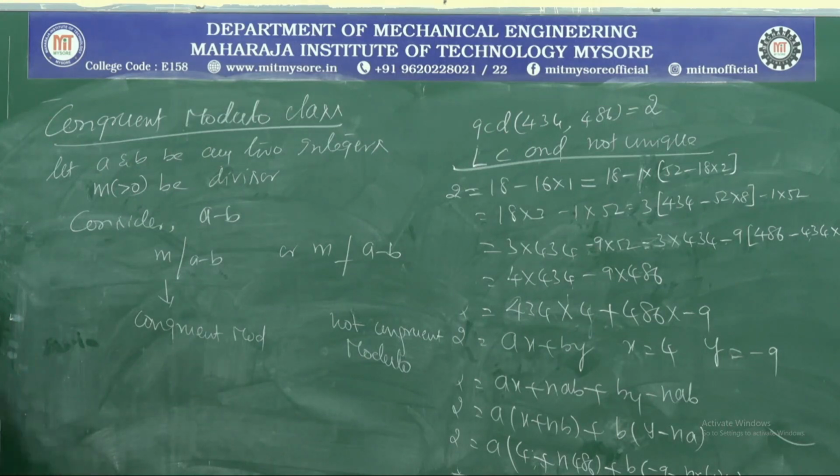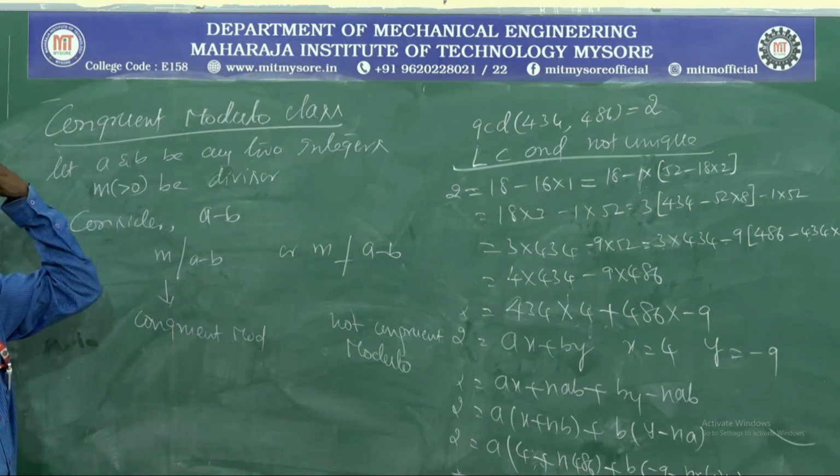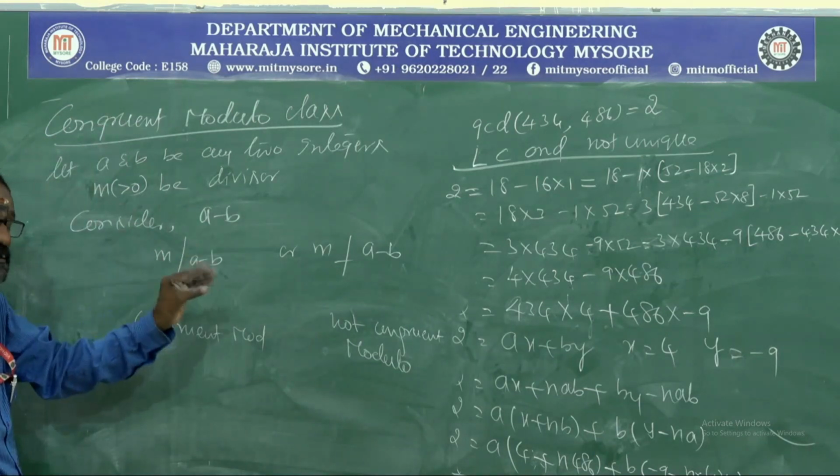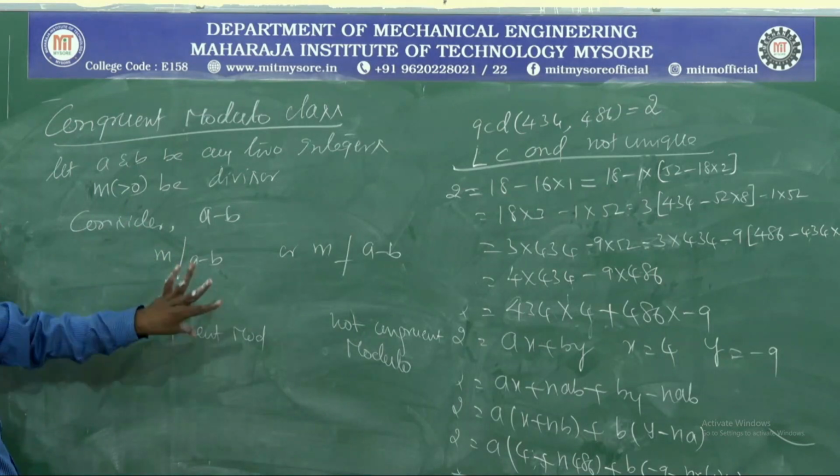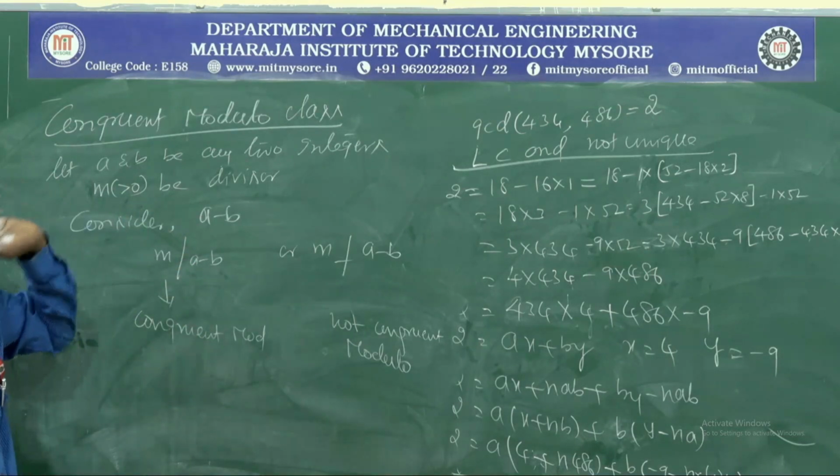Take another integer M greater than 0. Say it is a divisor. Consider the difference of the given two numbers A and B. Difference means either A minus B or B minus A. I took the A minus B case here.